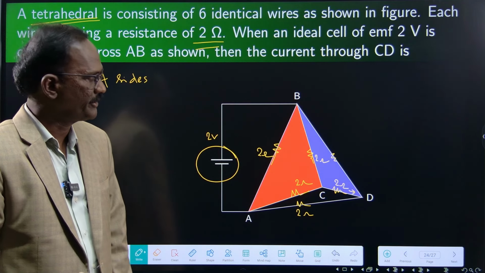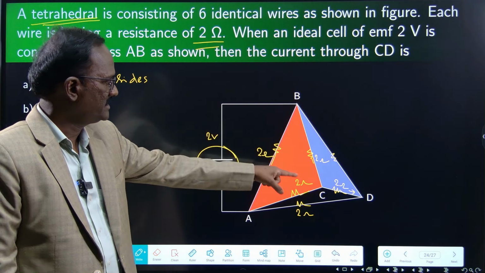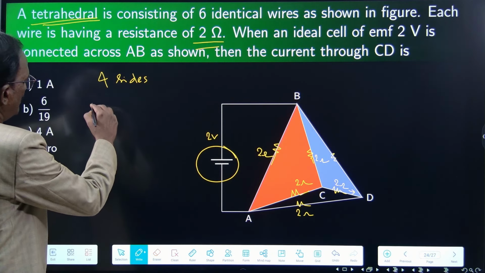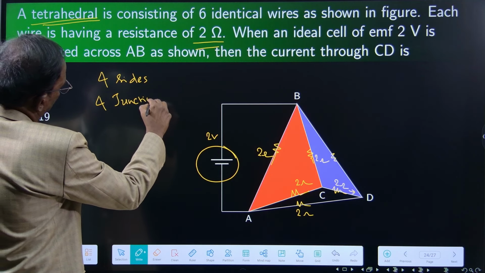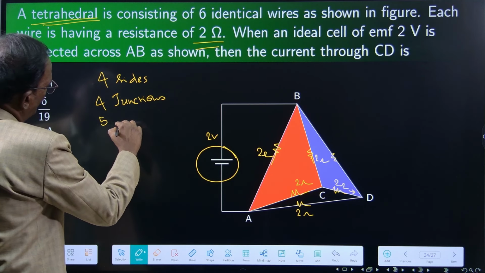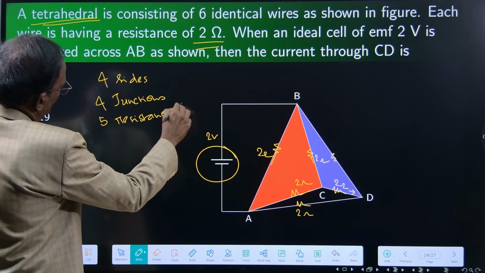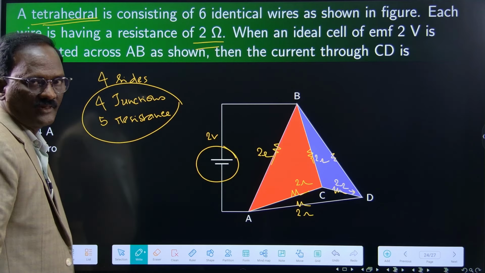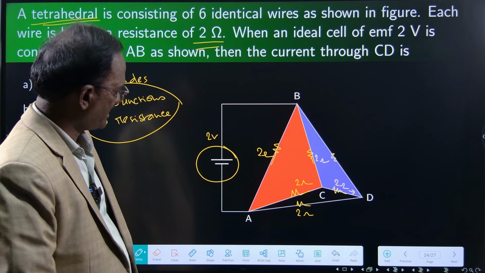So already I have told you, if you have 4 nodes or 4 junctions A, B, C, D and 5 resistances, you look for whether a Wheatstone bridge arrangement is existing.